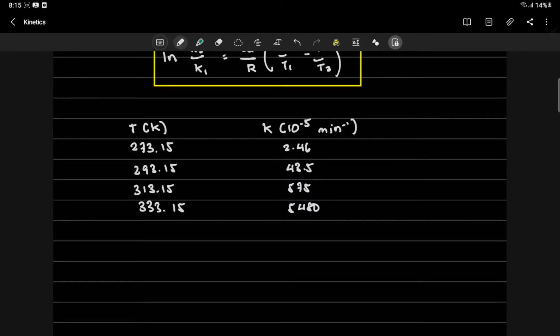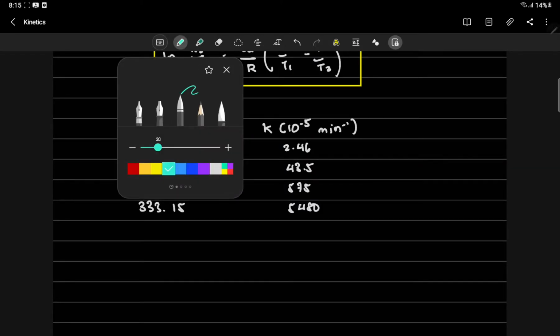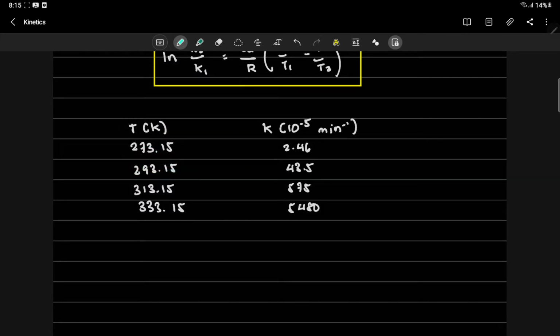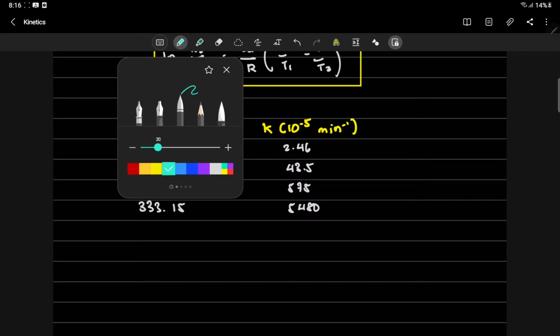So as an example, let's say we have a reaction and we have determined the different specific rate constants at different temperatures. So as you can see, habang tumataas yung temperature natin, tumataas din yung rate constant. Okay. Now, what I would like us to calculate here is yung ating activation energy. So let me just write that one.